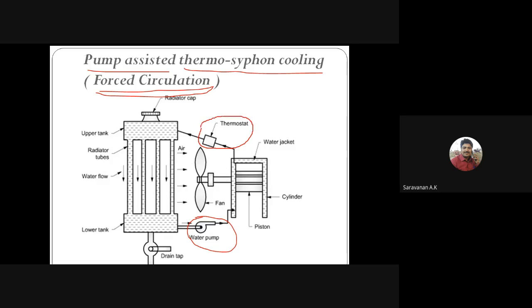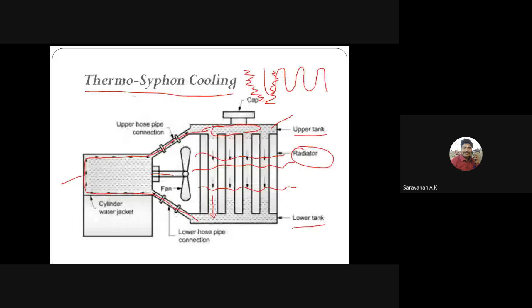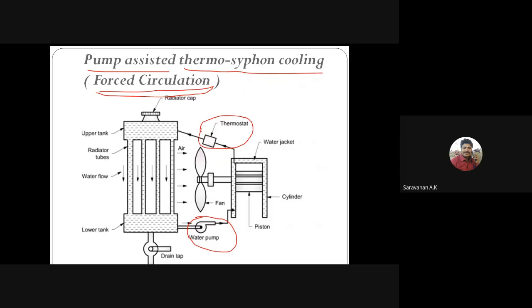Here you can see this system will be included. The remaining parts you can see, comparing the last diagram and this diagram: the upper tank, lower tank, radiator, engine component and fan are the same setup here also.